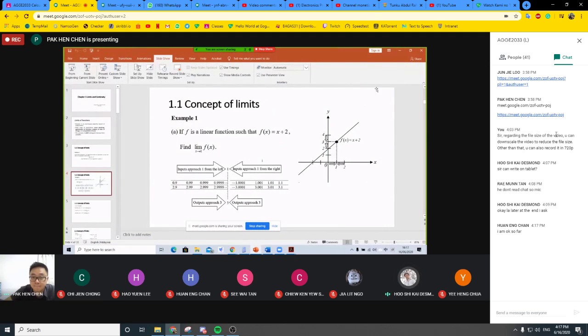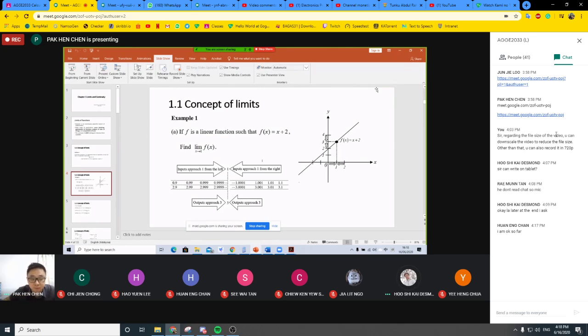I'm asking for the tutorial. The tutorial needs to be written on paper, ma'am. Can I write on a tablet and pass it in PDF format? Yes, you can write on a tablet as long as you can convert it to a soft copy to be submitted online through Google Classroom. Okay, sure.